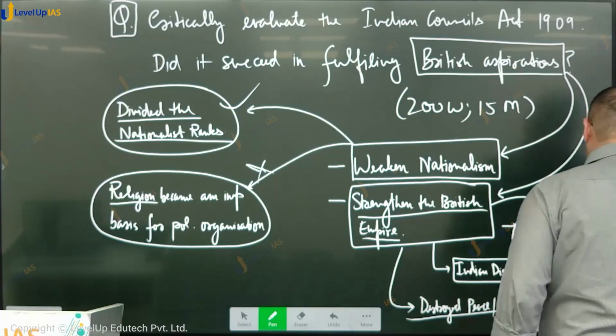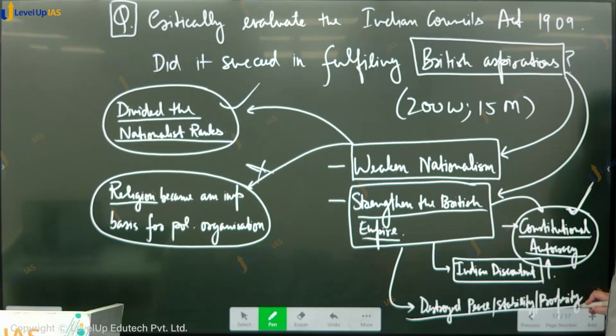And Indians अब और बड़े numbers में ये convince हो रहे थे that the British are never going to be able to give these things to Indians.